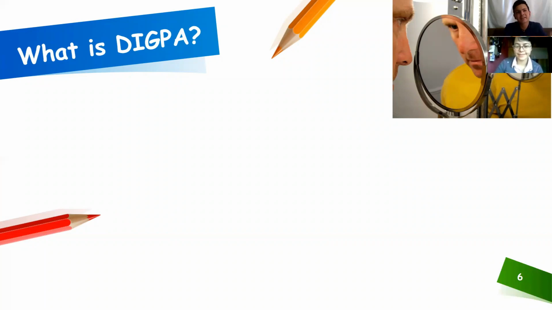Okay. So basically, DIGPA is kind of a mirror where we can see ourselves and we decide if we want to focus on what we are doing good, what we're doing bad, and improve it. Exactly, yeah. We take to improve everything, even if it was positive or if it didn't work as we had planned before. Okay.